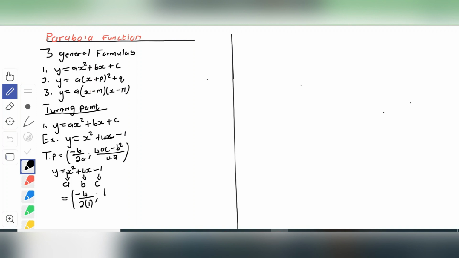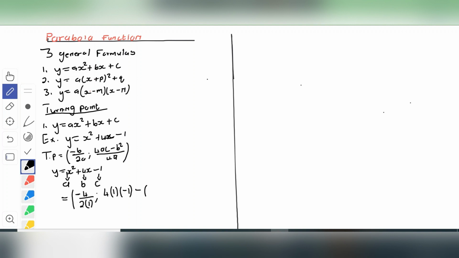Therefore then we have 4 into what is a? We saw that a is the coefficient of x squared, and then c is the constant number, which is -1, not 1. We take it with its sign. Then minus, it's very important to write into or add this open bracket for b squared.